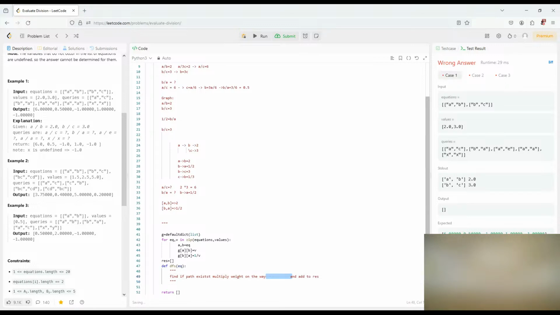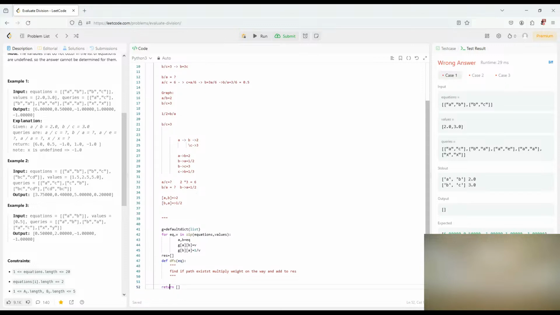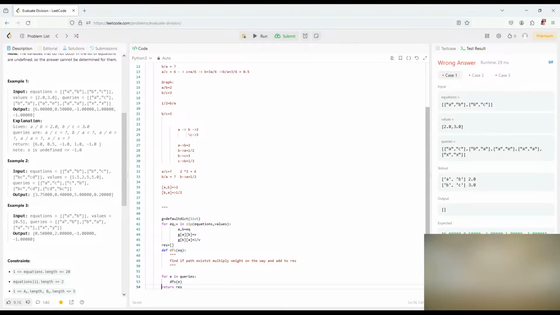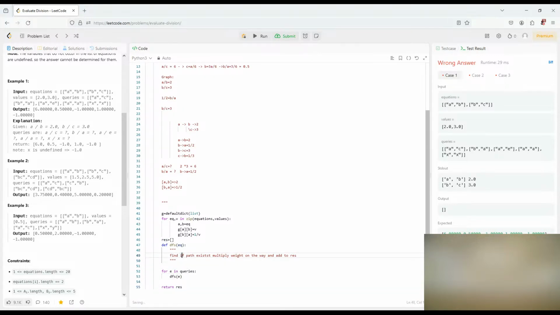If I can do it the same way, we'll see. And I'll just return the result, but before that, I will for E in queries, I call DFS of E and return result. Okay, let's go with the implementation.